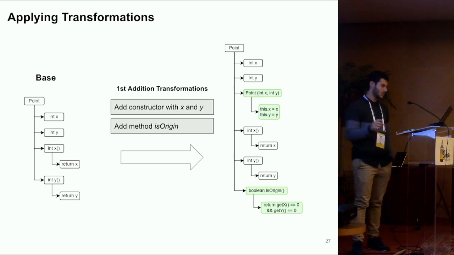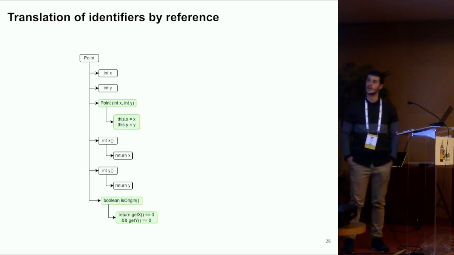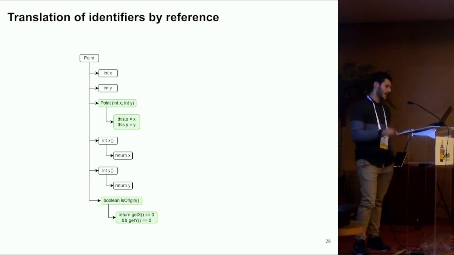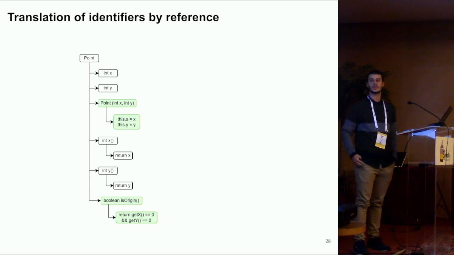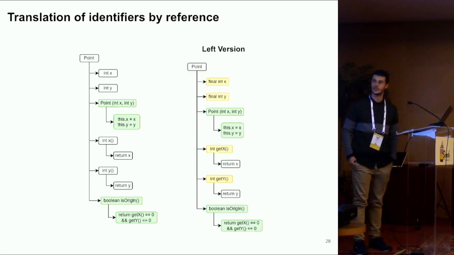So we do an intermediate step here that we have called the translation of identifiers by reference. That's the merge version we have, and we start by recalling what was the branch that originated the transformation isOrigin, the addition of method isOrigin, and that was the left version.